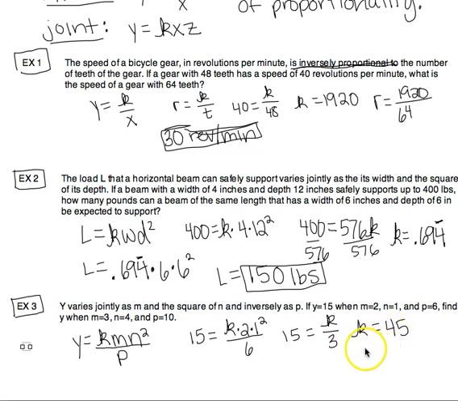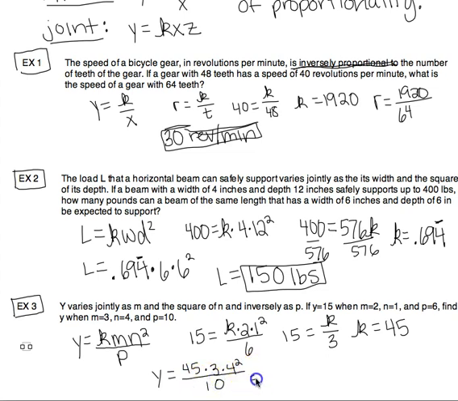Again, once I have my k, then I go back in and use the second set of variables that are given to me. It says find y, so y is what I'm looking for this time. I now know that k is 45, and it says when m is 3, n is 4, and p is 10.